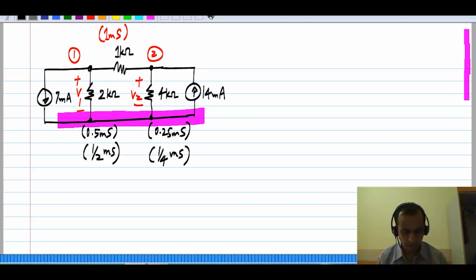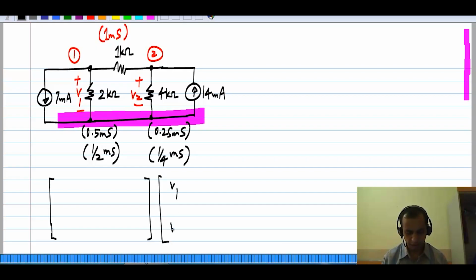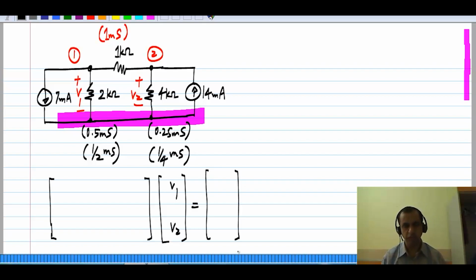Okay, so what is my set of nodal equations? I have the G matrix, which will be a 2 by 2 matrix. In this case, I have two variables V1 and V2, and that will be equal to the vector of independent current sources pushing current into nodes 1 and 2.